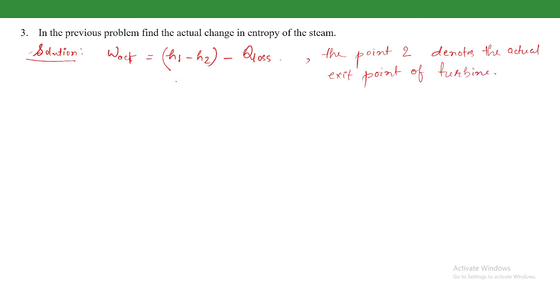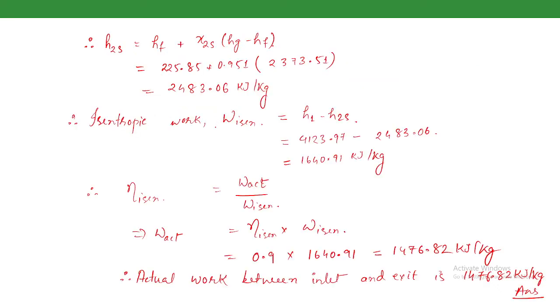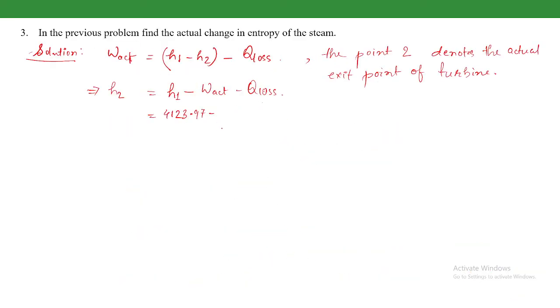So we already know the actual work, so we can find this out. H2 is H1 minus W actual minus Q loss. What is H1? H1 is 4123.97, we have already found all this out, minus the actual work we determined previously, 1476.82.